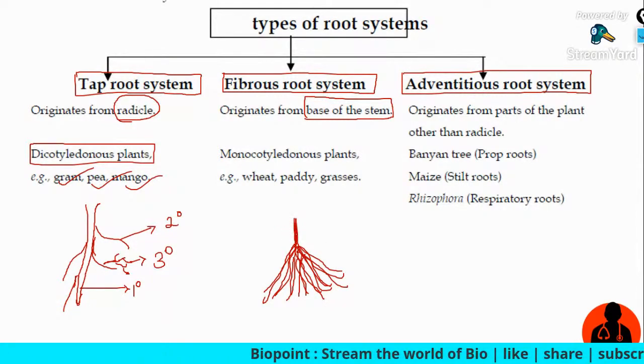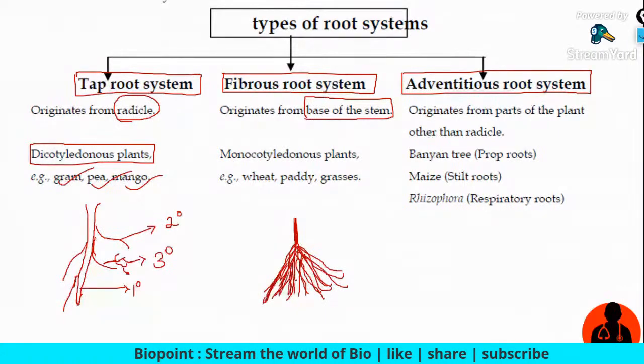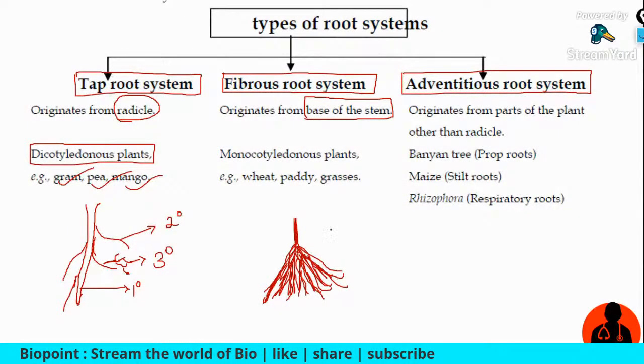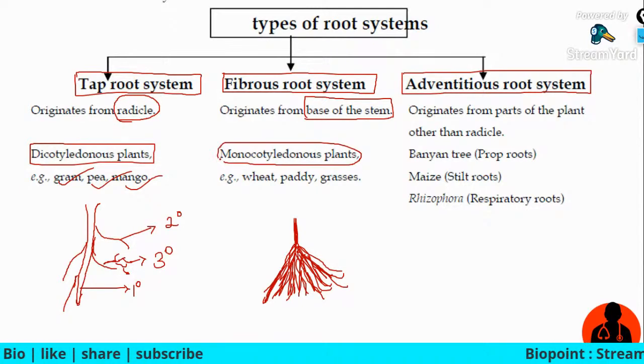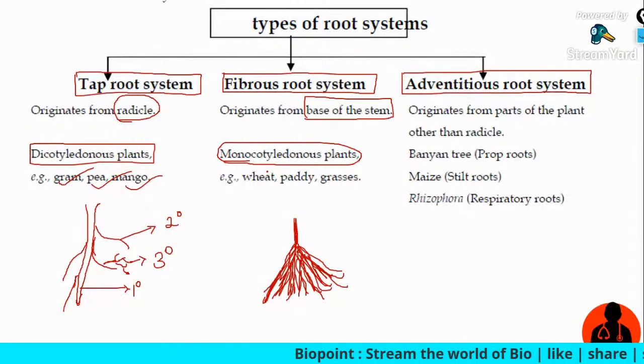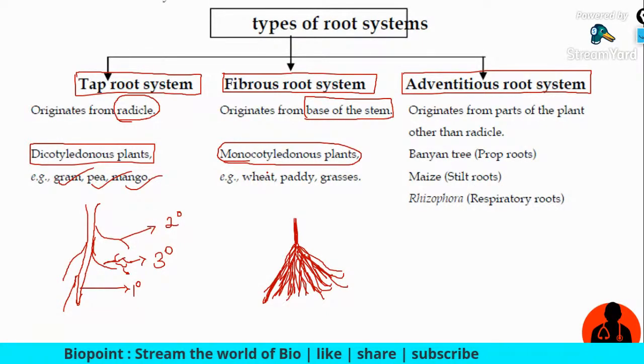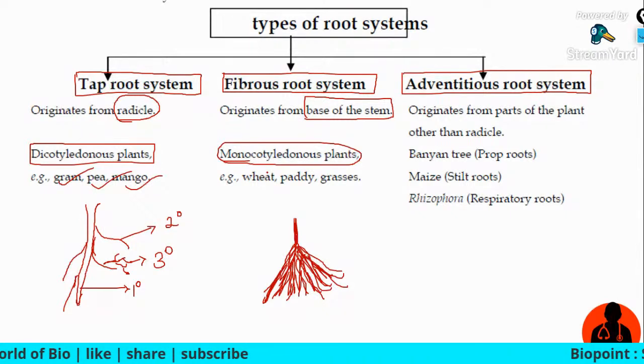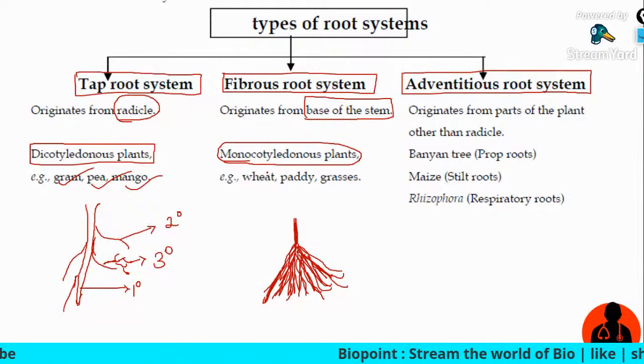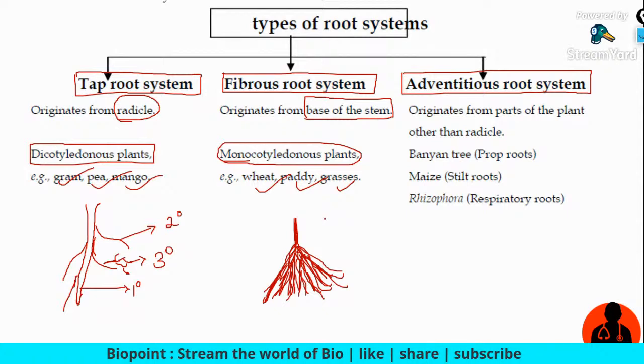You will definitely find its root is a small fibrous root system, which is the characteristic of all monocotyledonous plants. Examples: wheat, paddy, and grasses are examples of the fibrous root system.